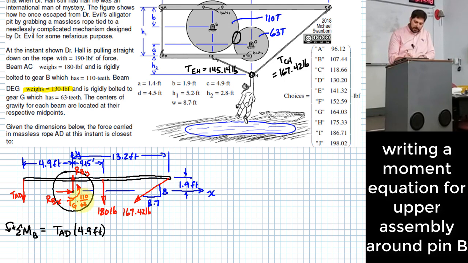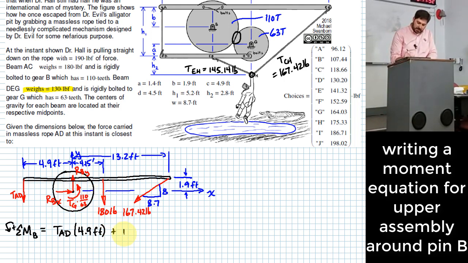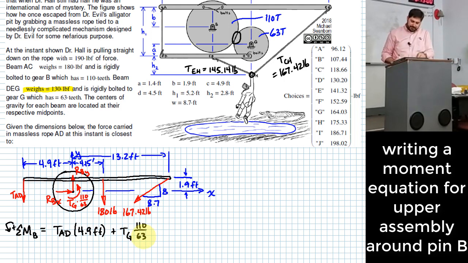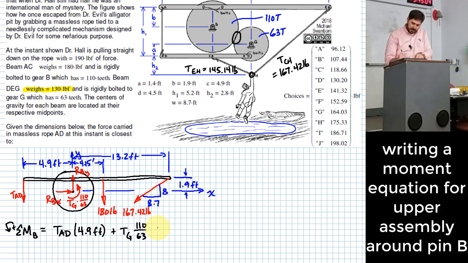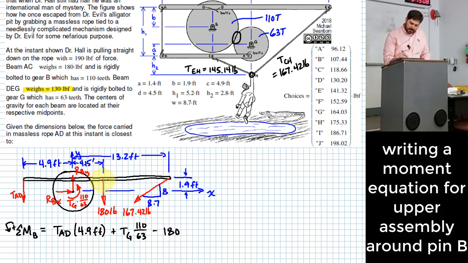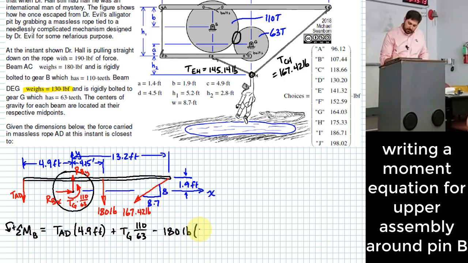I'm going to do my other variable next. So to this, I'm going to add TG times what? 110 over 63. Okay, what next? Okay, minus 180 pounds times 4.15 feet.